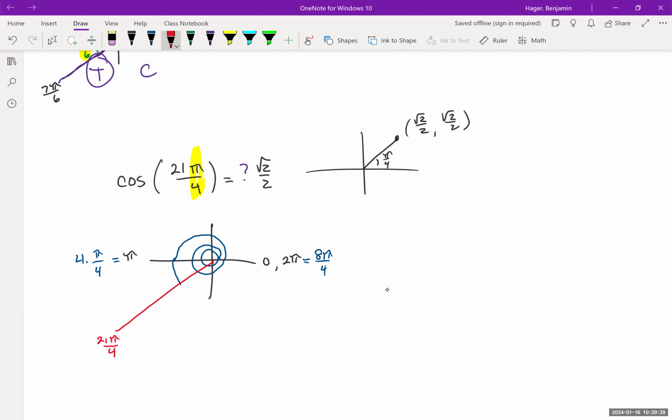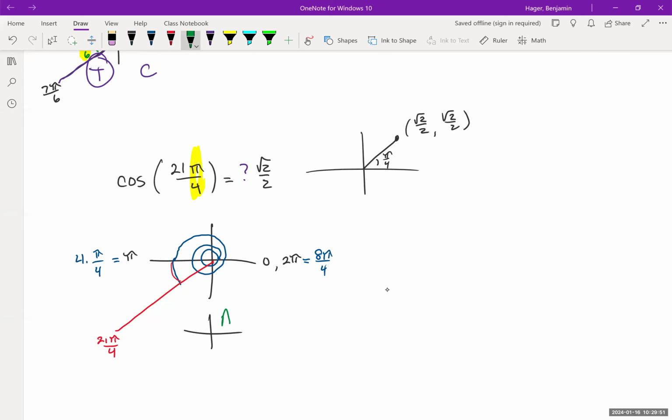Right, so again, I think the pizza reference helps. You've got pi over 4 size slices, and you've got 21 of them. It would fill 2.5 pizzas and 1 extra slice. Okay. We knew the answer was √2/2. We just had to figure out where that was so we can figure out whether it should be positive or negative.